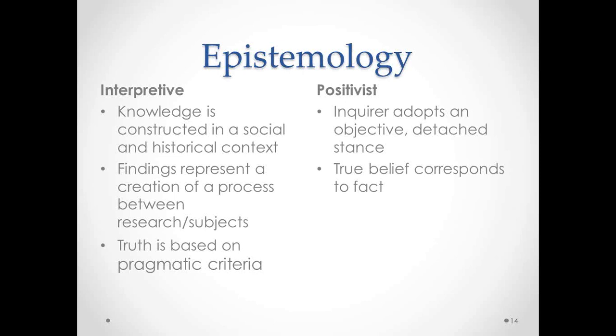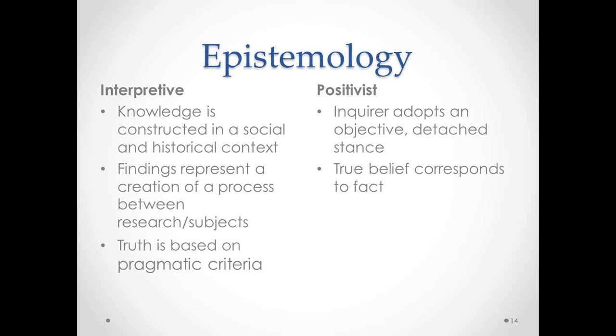So when you are looking at your research, you might think to yourself, what is this researcher's ontology? What is this research team's ontology and epistemology? An interpretive will very much think that the relationship between the researcher and the researchee is just as important as the information collected itself.